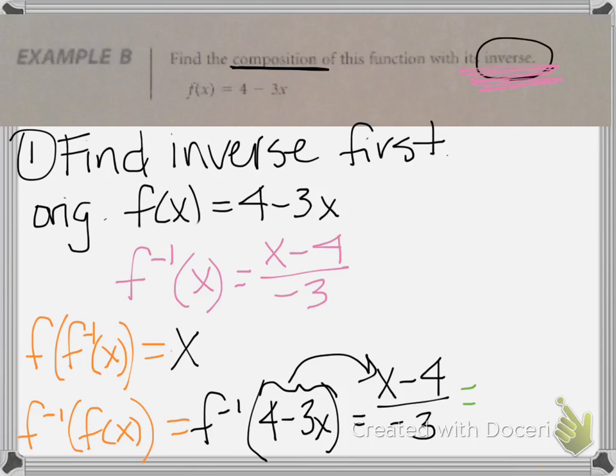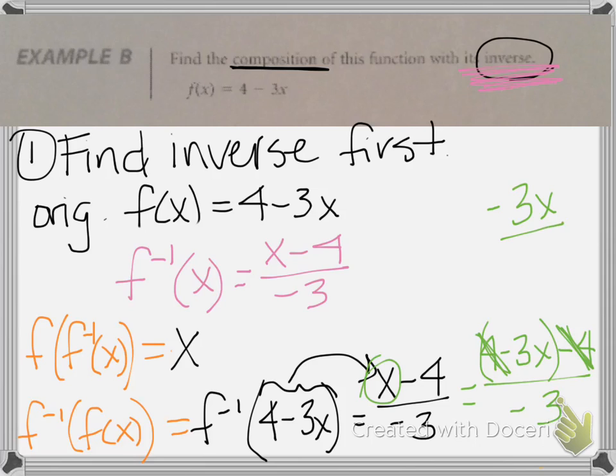So we would have this 4 minus 3x and then minus 4, so here's the function that went in for this x here, over negative 3. Well, again, we have this 4 minus 4, which cancels, leaving me with negative 3x over negative 3, and the negative 3's cancel, leaving me with, again, just my x.